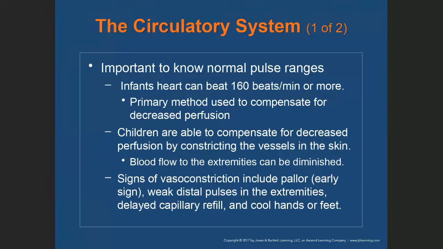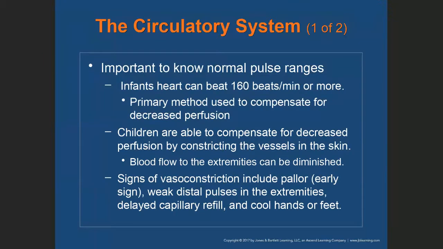Heart rate is the primary method used to compensate for decreased perfusion. So they rely heavily on their circulatory system to compensate for shock. So you will see tachycardia, tachycardia, tachycardia, bradycardia, death. Right? If you see bradycardia, they're extremely close to death.